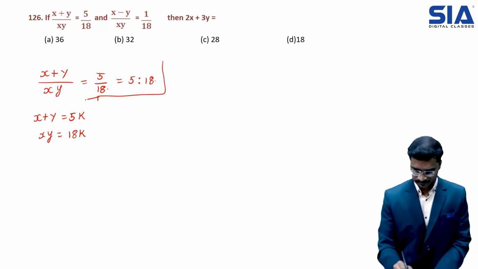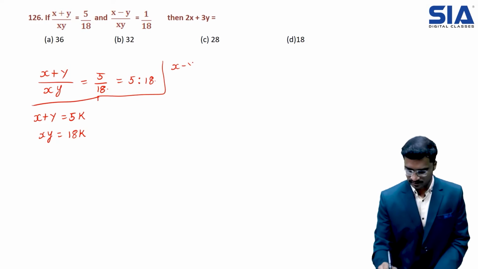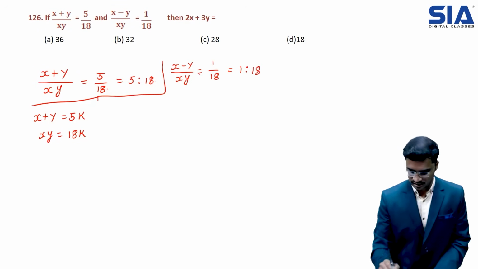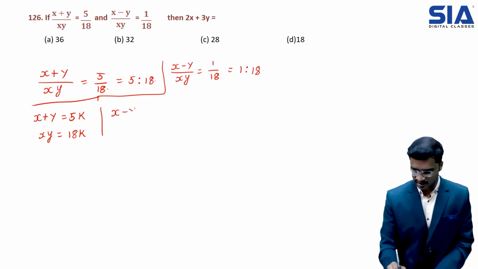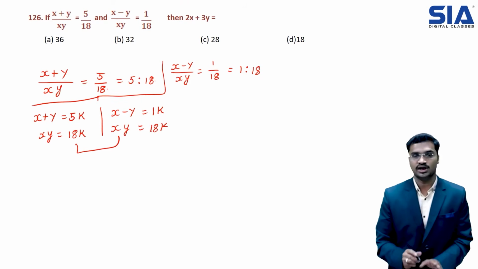In the same way, given that (x minus y) by xy is equal to 1 by 18, this is 1 ratio 18, so x minus y is equal to 1k and xy is equal to 18k. So the xy values here are both equal.